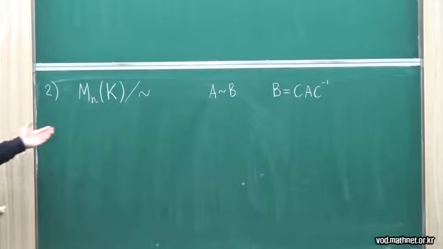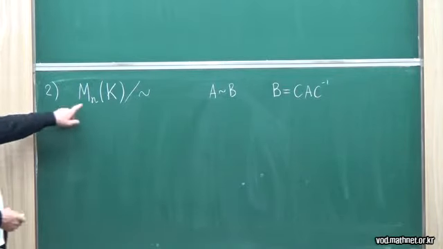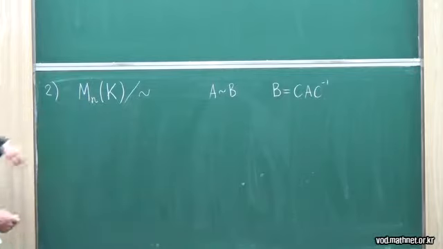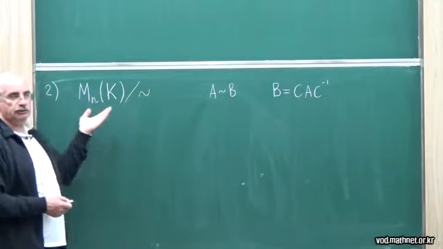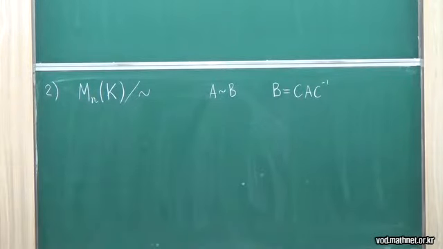What is the essential dimension of this set? Well, of course, to give a matrix, it is sufficient to give n squared parameters, but we consider matrices up to some equivalence relation, so maybe we can have fewer parameters.